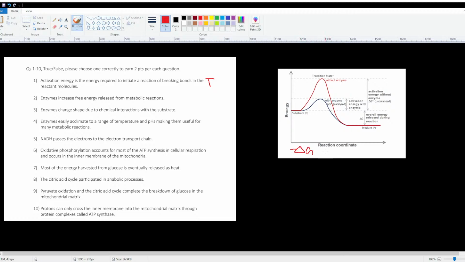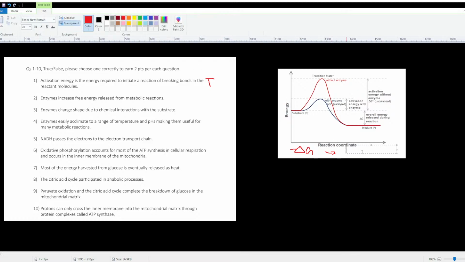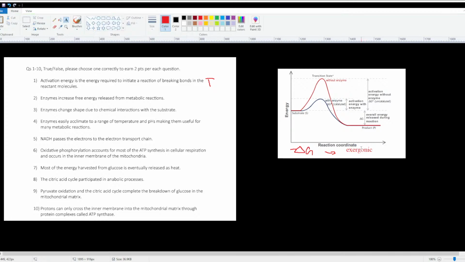That's negative delta G, and that is exergonic, correct? Exergonic. And once again, we can go over some review of what that means as well. Anyway, so let's see here. We start with the substrate and we end up with the product, right?